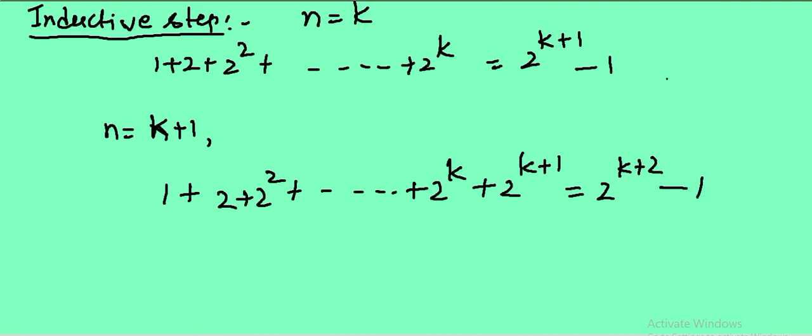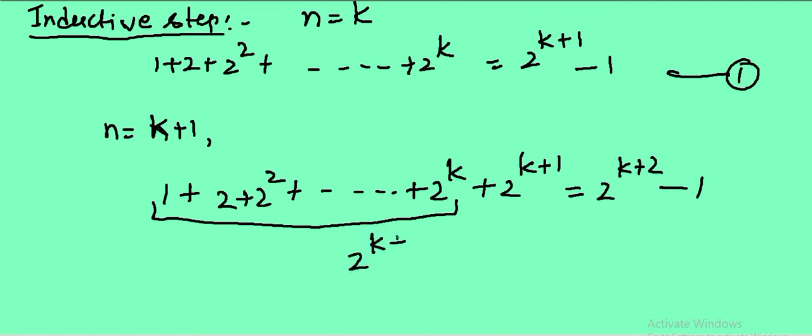So again, if I write this equation as 1 plus and so on, you can replace this with this, so it will be 2 raised to power k plus 1 minus 1 plus 2 raised to k plus 1. So this is your LHS, and we have to prove this LHS is equal to RHS.